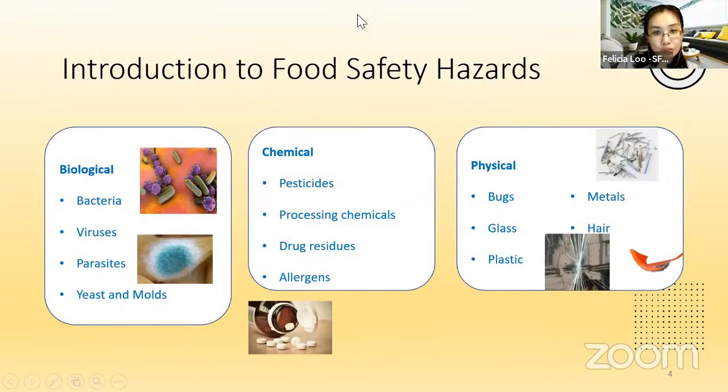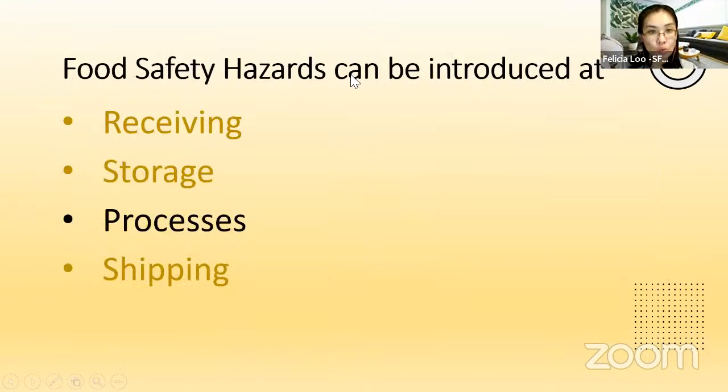But what we want to do is know where our food safety hazards can be introduced. Obviously, receiving, I shared a little bit just now. When you receive the items, if you receive the wrong items that are already contaminated, storage.